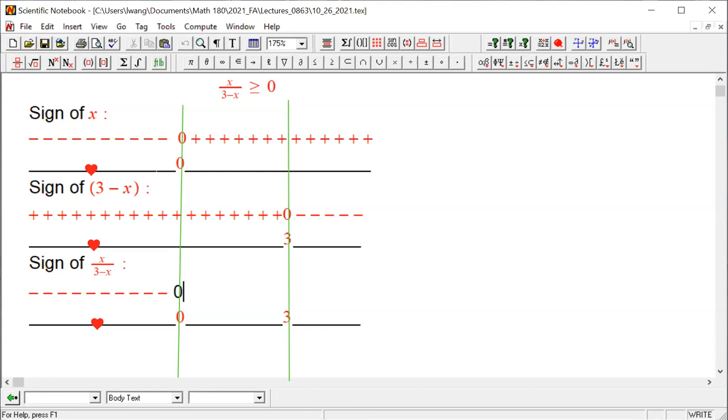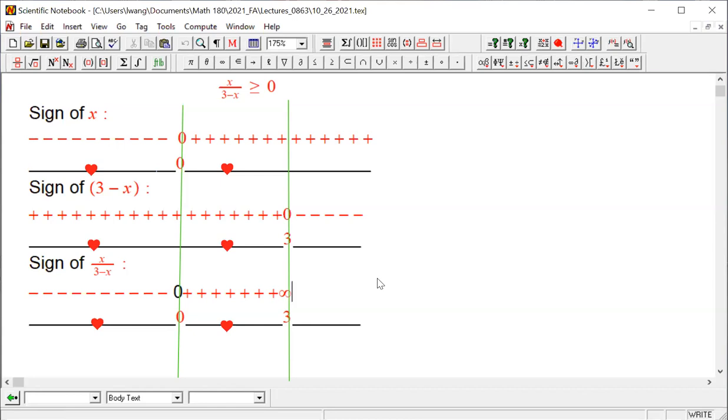If I pick a number between 0 and 3, we have a positive divided by positive. Positive divided by positive is positive. What happens at 3? When x equals 3, there's a 0 denominator. So in this case, undefined.